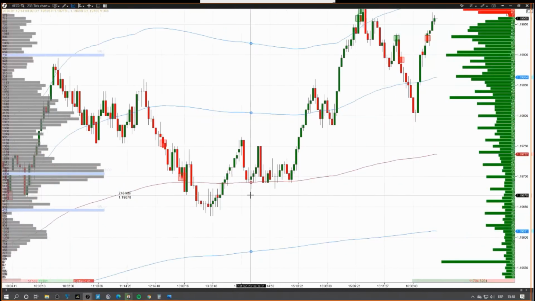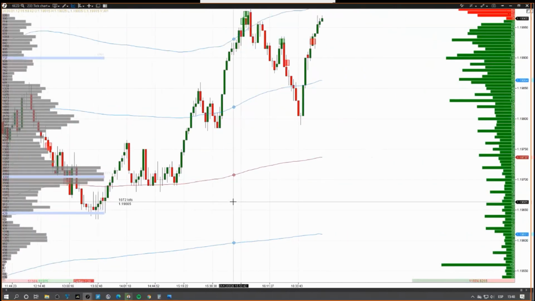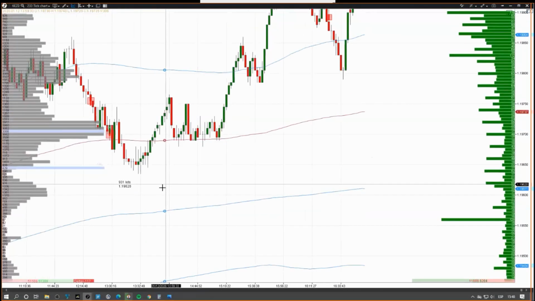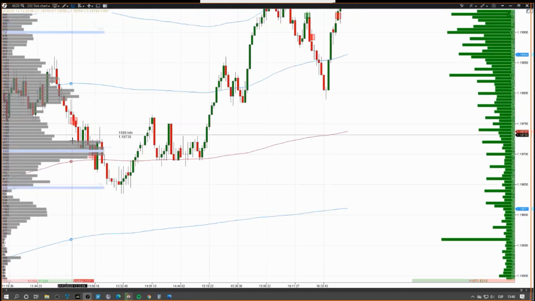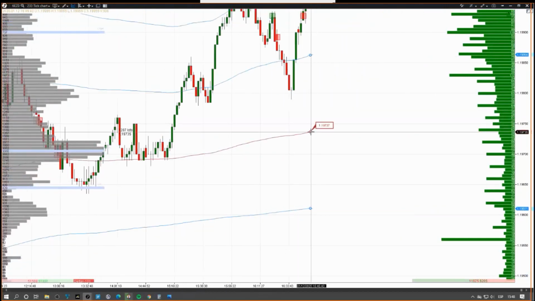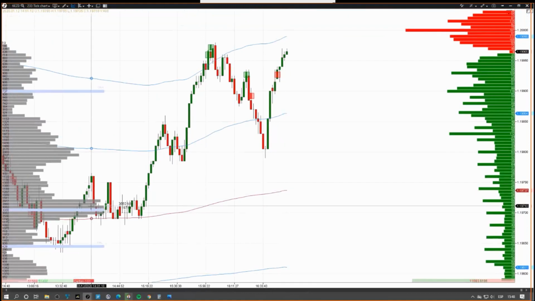I use this also as reference to know my bias. Where am I going to trade? I'm going to trade on the long side, or I'm going to trade on the short side. So I base my decision at a glance just by looking at the VWAP, the point of control, the value area high and value area low.